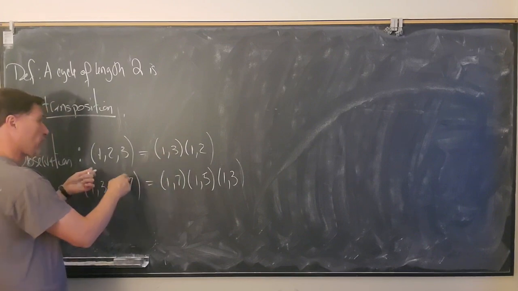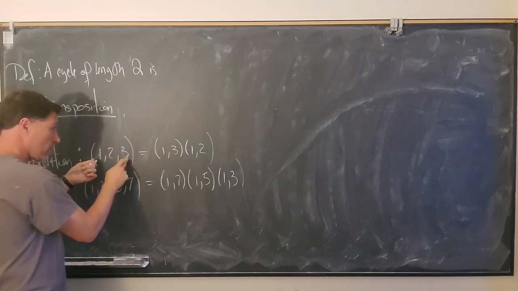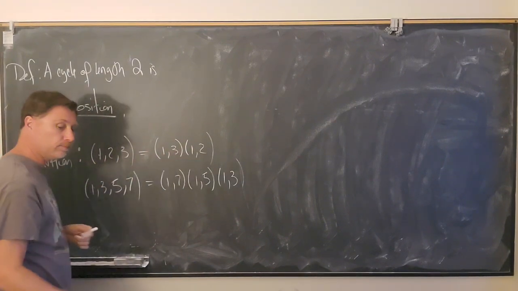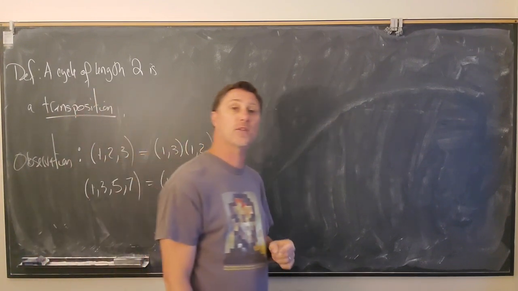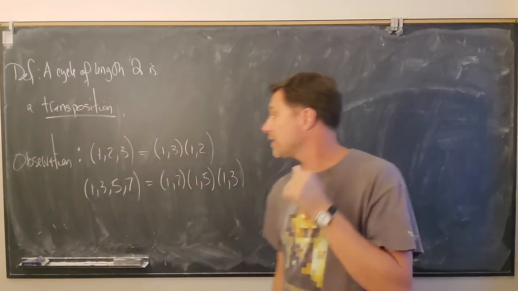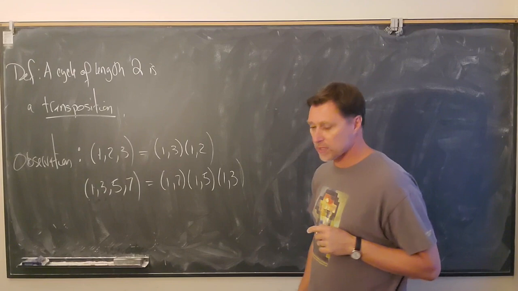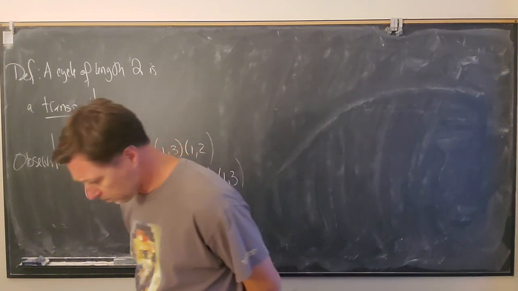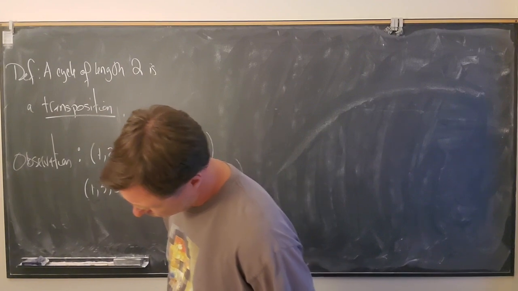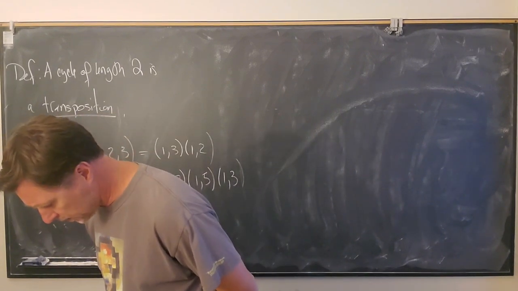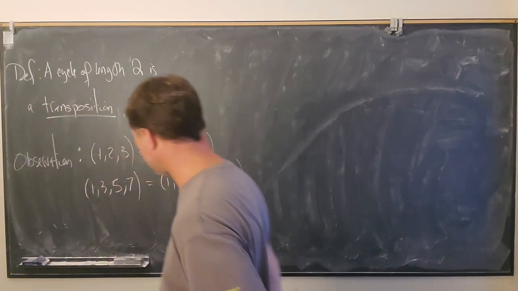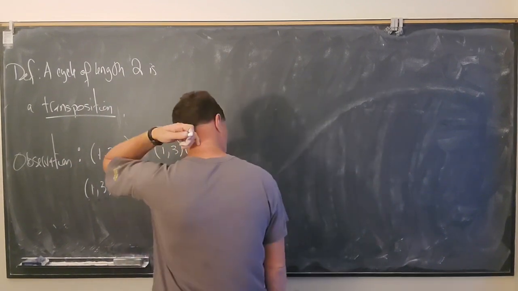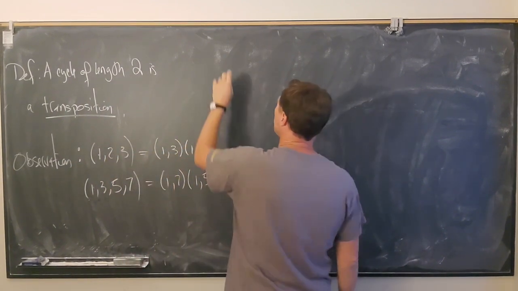In this first example, 1, 3, and then 1, 2. And so this is a little trick that allows us to write any cycle as a product of transpositions. This little trick works in all cases. And this is not the only way to do it, but here's one way to do it.